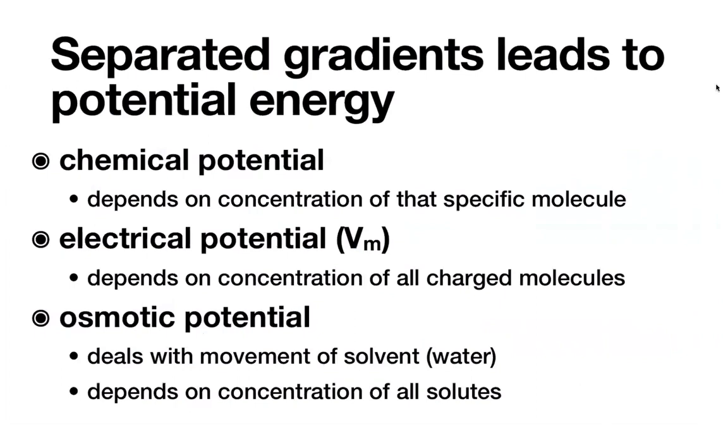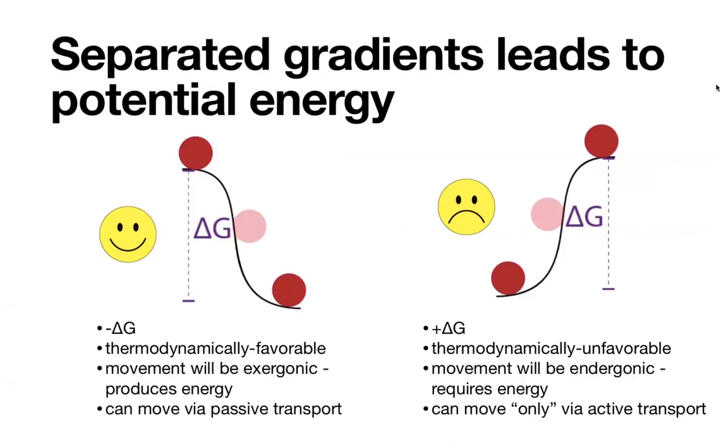So basically, separated gradients lead to potential energy. And we can talk about chemical potential, electrical potential, and osmotic potential. If we think back to our example of being at the top of a roller coaster, you have potential energy, the potential to go down the slope and release energy.